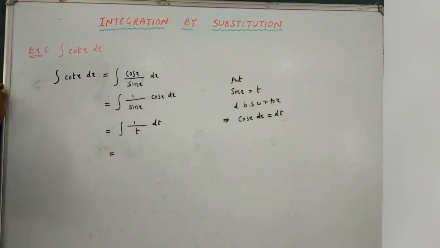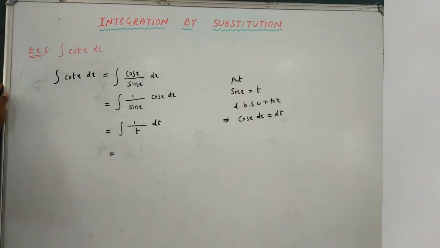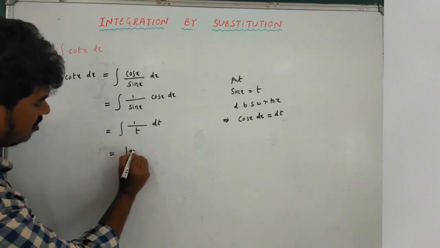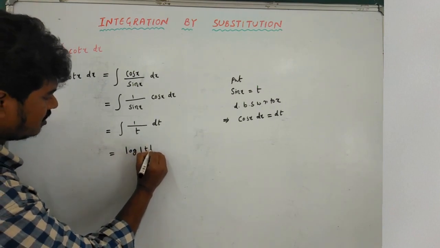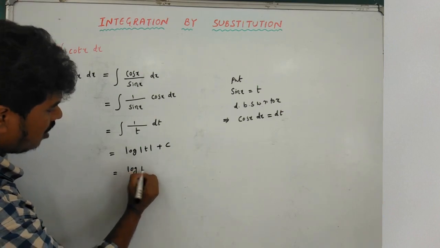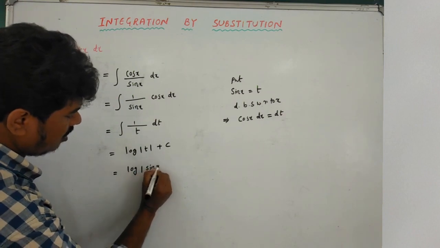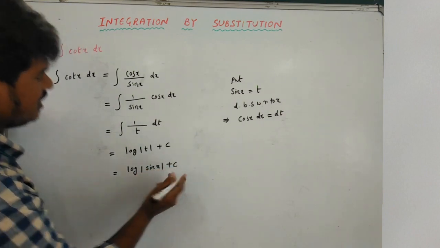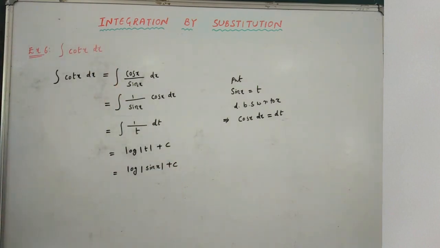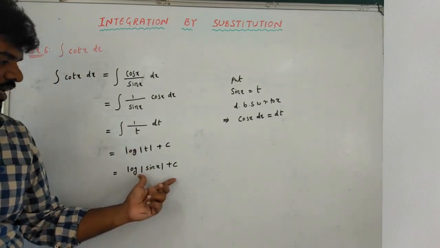It is just like the integral of 1 by x dx. What is the formula? The integral of 1 by x dx is log mod x. The integral of 1 by t dt is log mod t plus c. Log mod t means sin x, so log mod sin x plus c is the integral of cot x. You should remember it as a formula. The integral of cot x dx is equal to log mod sin x plus c.